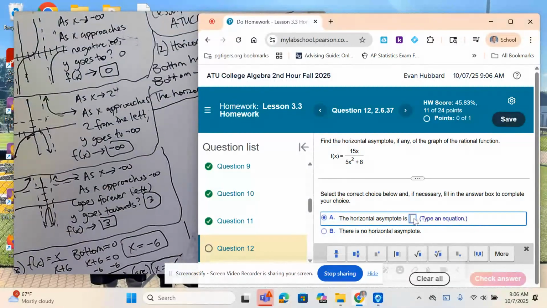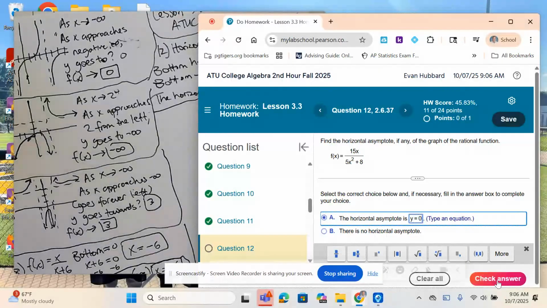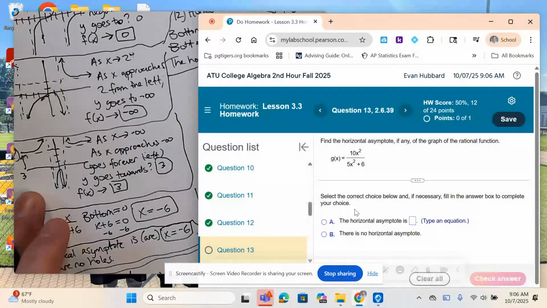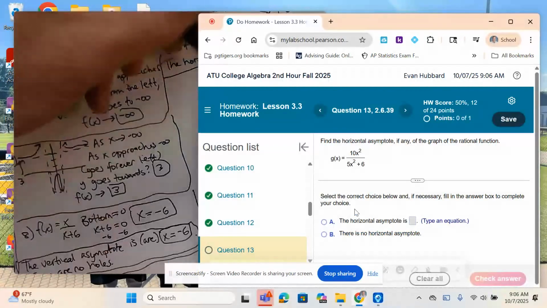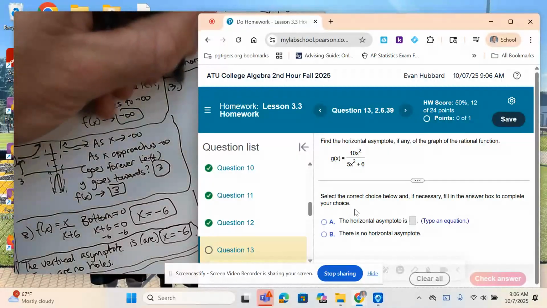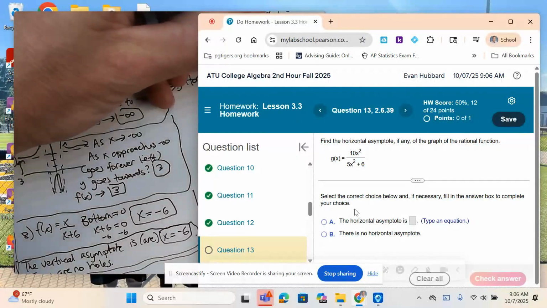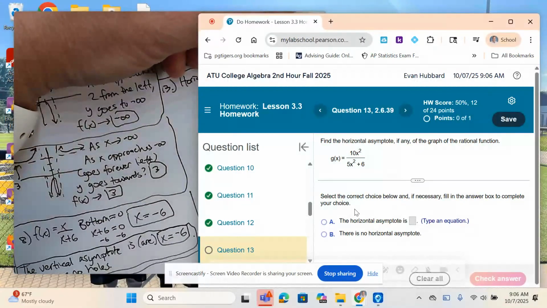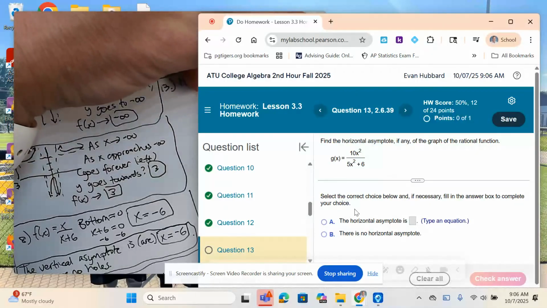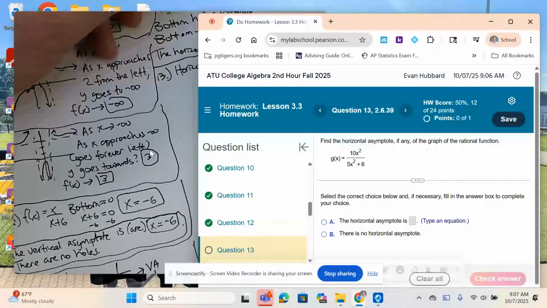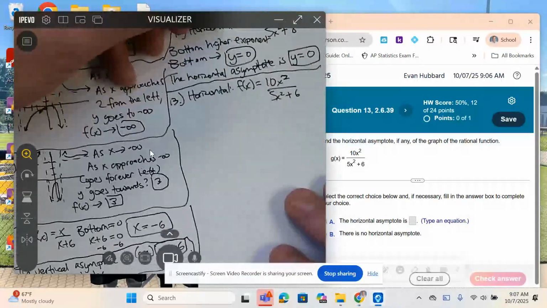Y equals 0. Type an equation. All right, 13. Write this down. f of x equals 10x squared divided by 5x squared plus 6. Which one's got the higher power, top or bottom, or is it a tie? This one's a tie.